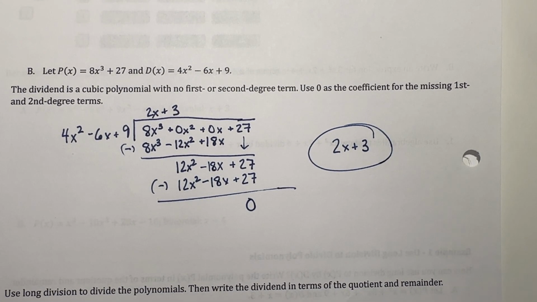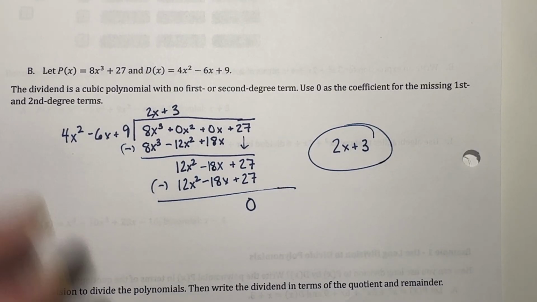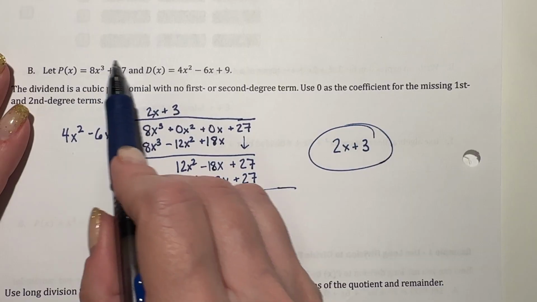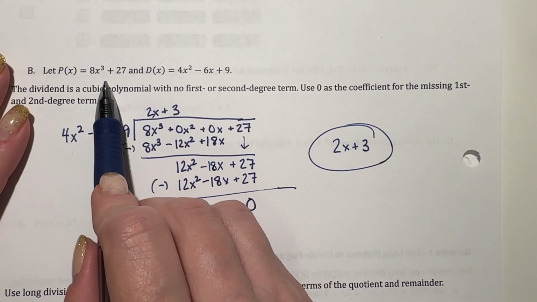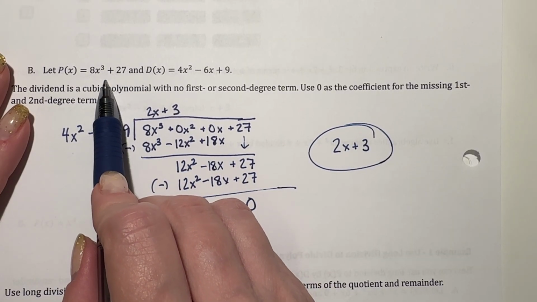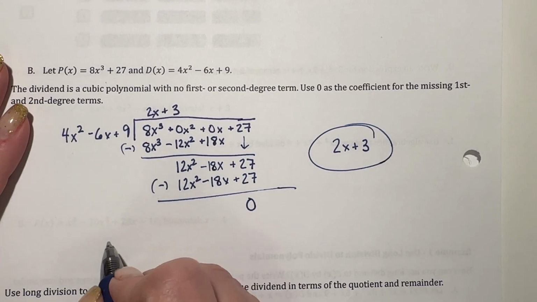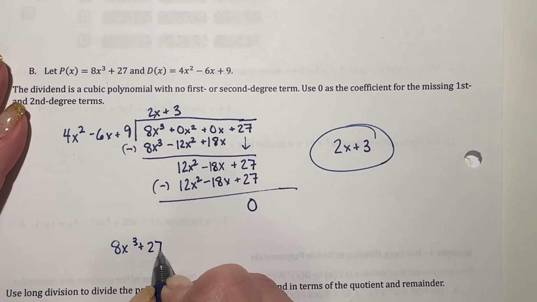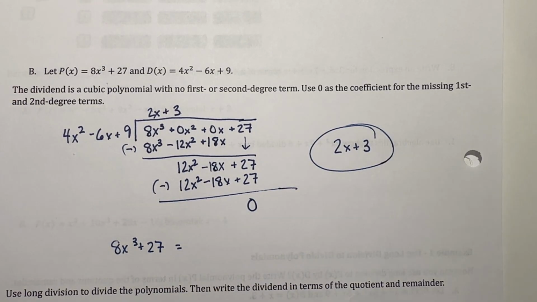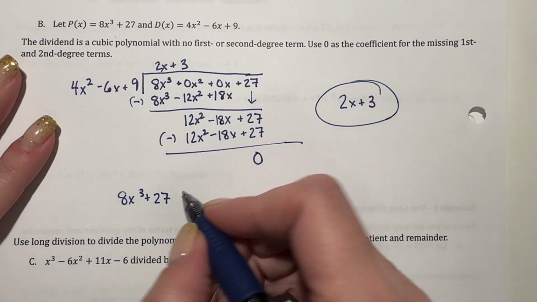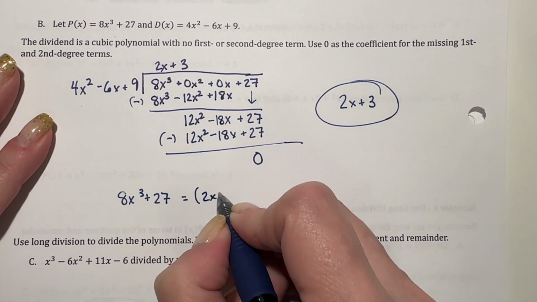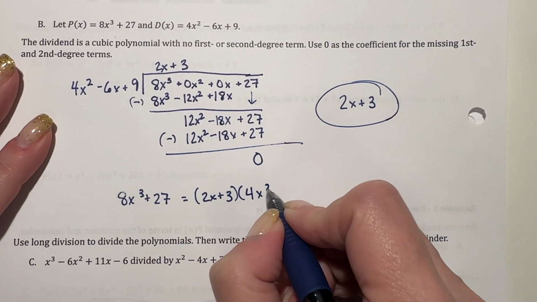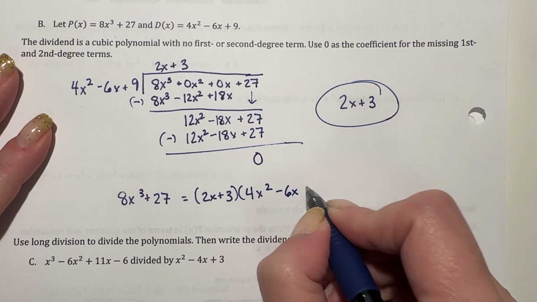Now, what's special about that is that this is a factor of the original term. I don't know if you happen to notice, but that's the sum of cubes, which means that 8x cubed plus 27, if you factored it with the formula, would give you exactly this: 2x plus 3 and 4x squared minus 6x plus 9.